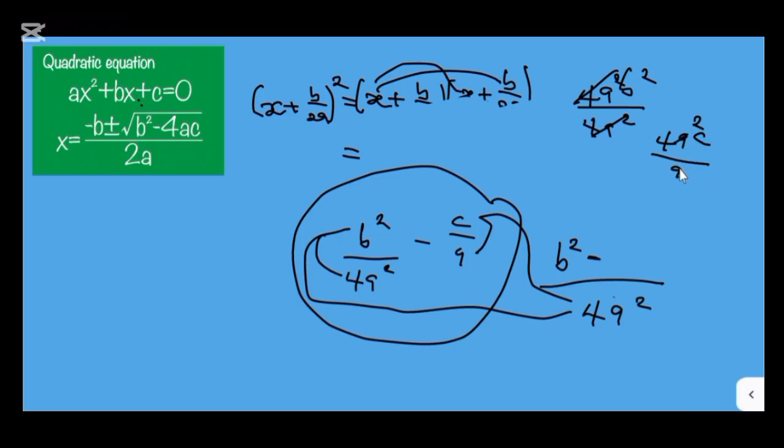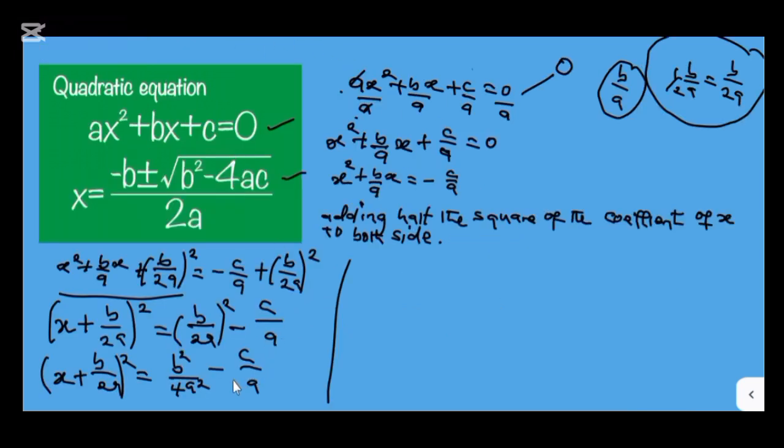One of the a's here will reduce one here. So what you have here is 4ac. So the whole of this right hand side is going to be turning into what we have on the other side.